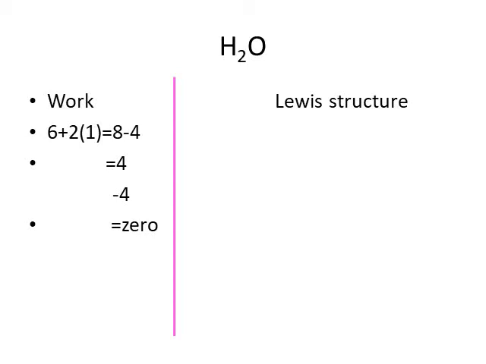Then, by making two bonds between oxygen and each hydrogen atom, consuming 4 electrons, the remainder becomes 4. If I put these 4 electrons on the oxygen atom, as it is the central atom, in the form of lone pairs, I have 2 lone pairs. Can you represent the Lewis dot structure for the water molecule?